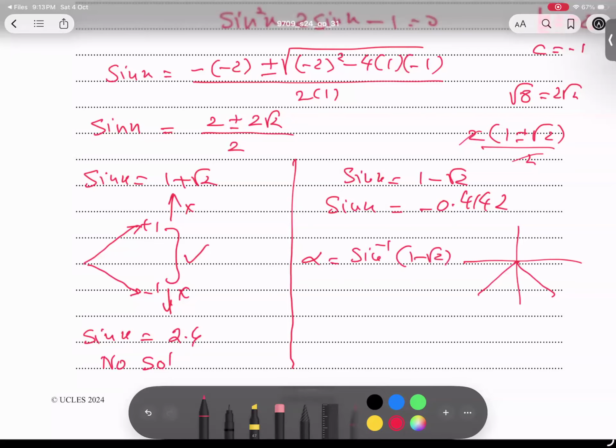If I take radian mode, sine inverse of the answer, I'm getting alpha is equal to 0.427 in radians.